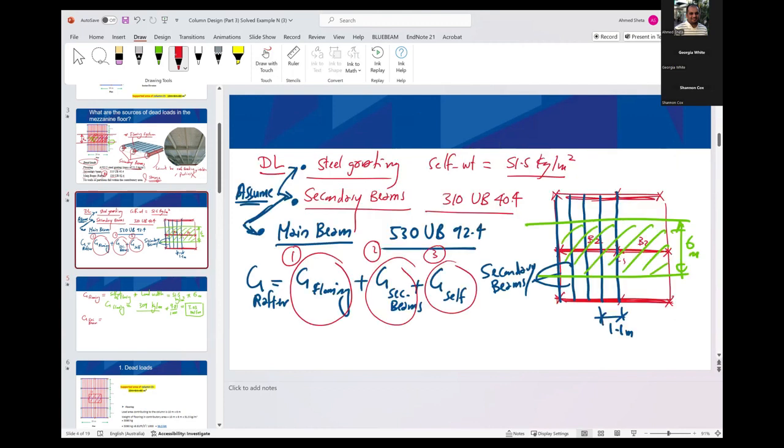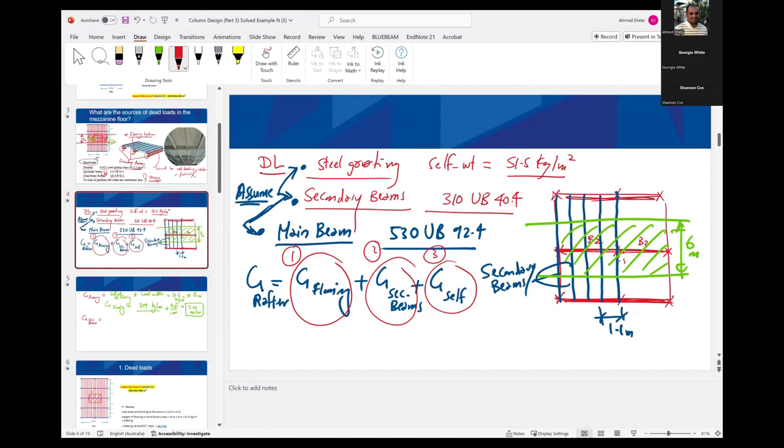This one is similar to the purlins, right? How can we calculate the self weight of the purlin? If you remember, how to calculate the purlin weight transferred to the beam? Is it the load width?